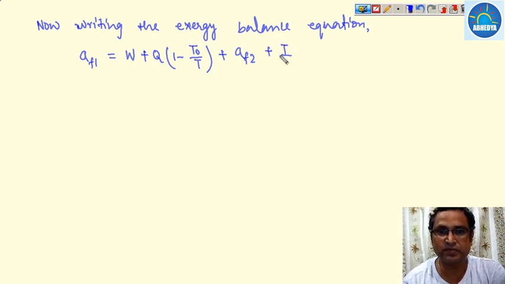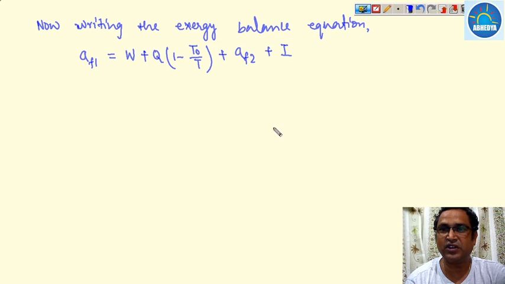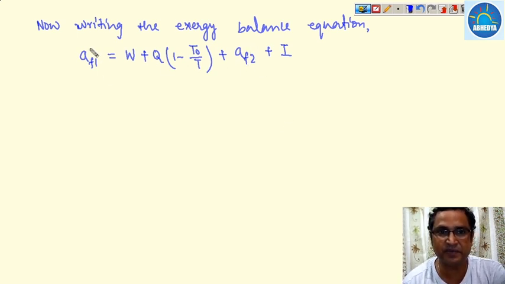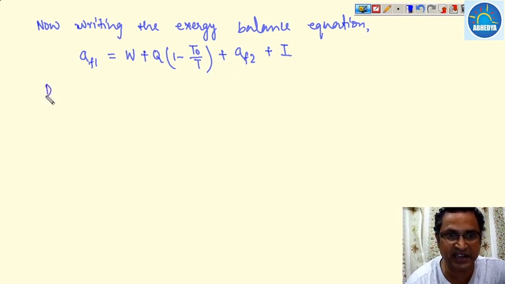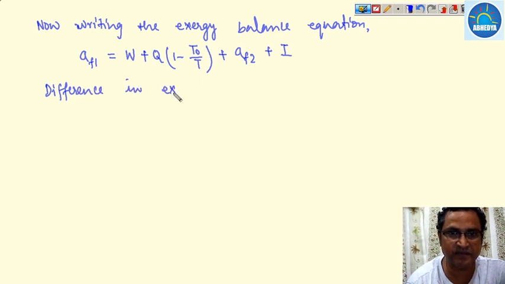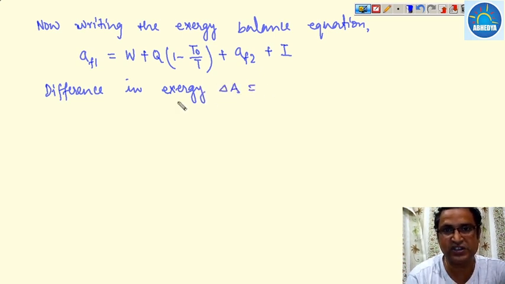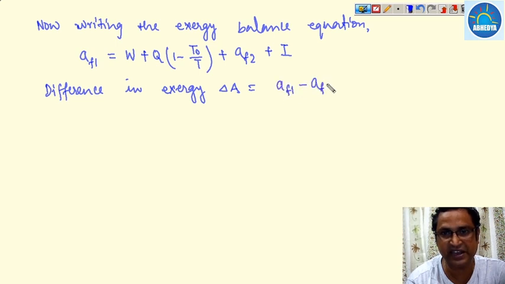Okay, so this is your exergy balance equation, and we have to calculate the difference of exergy. This difference in exergy is delta A, which is equal to AF1 minus AF2.